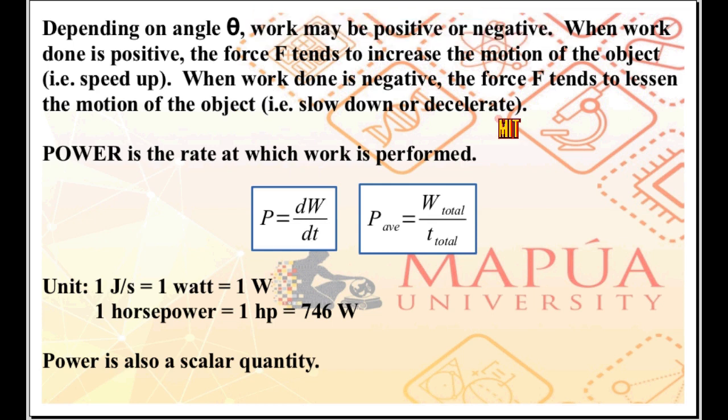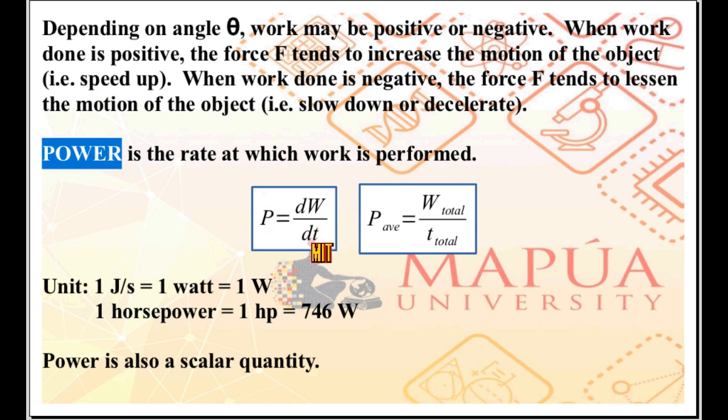If we get the rate at which work is performed or delivered, we have power. Power is the rate at which work is performed. Power, capital P, is equal to dW over dt, the rate of change or rate of delivery of work with respect to time.